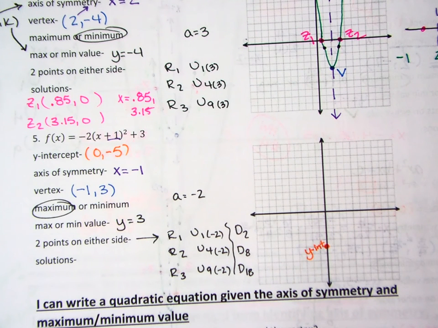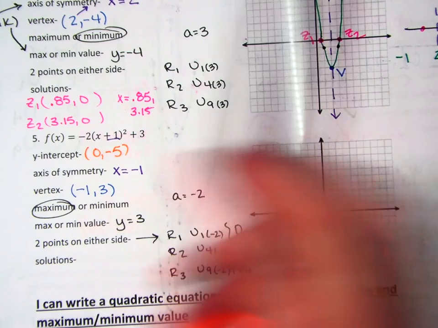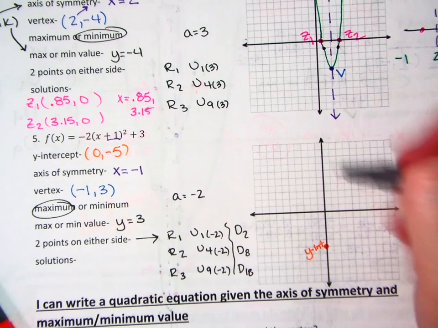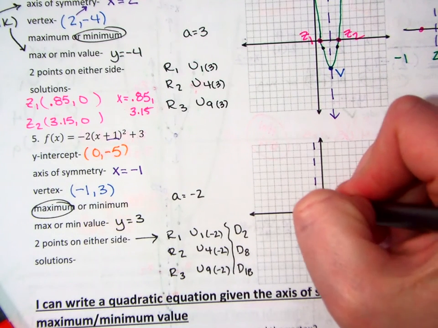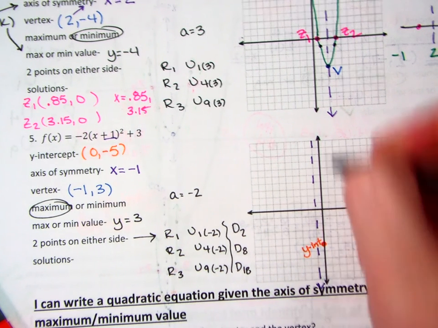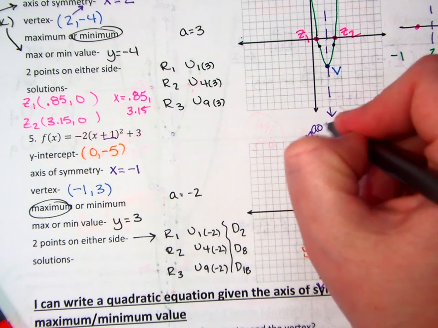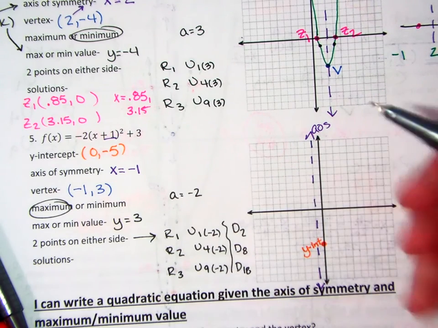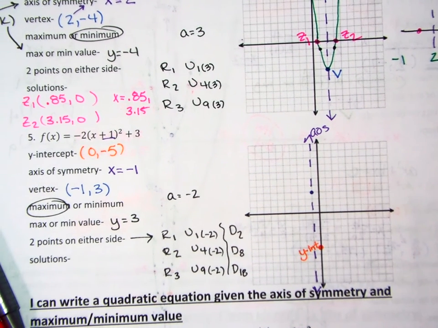Okay. I shouldn't have done that. I should have written it on the other side because my axis of symmetry is -1, but that's okay. It's fine. Vertex is at -1, 3. Okay.